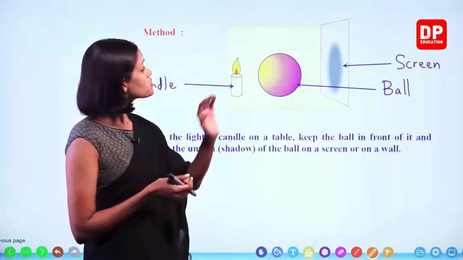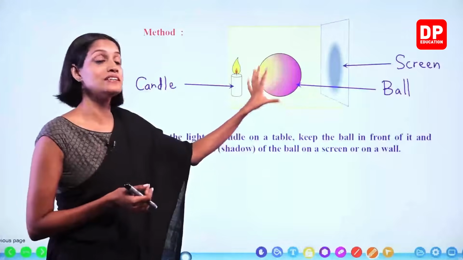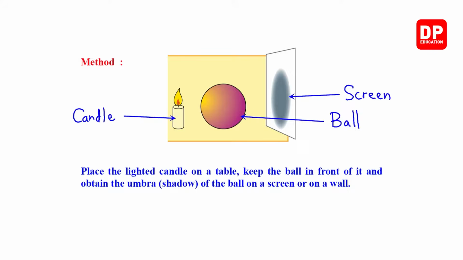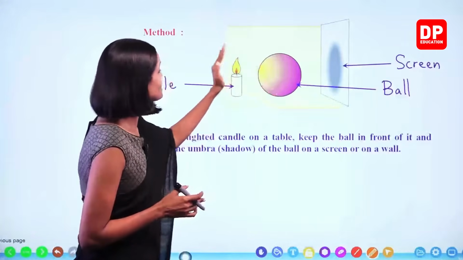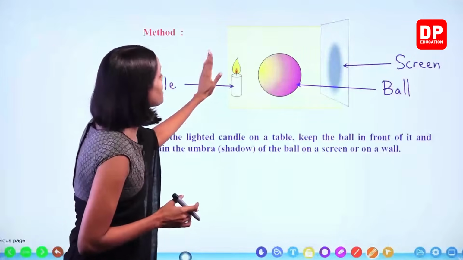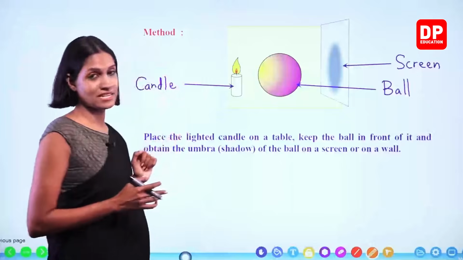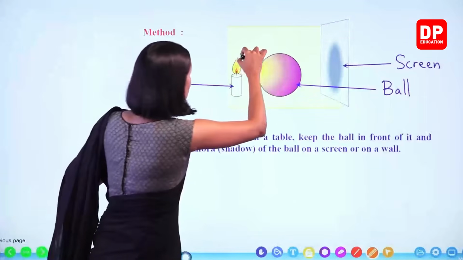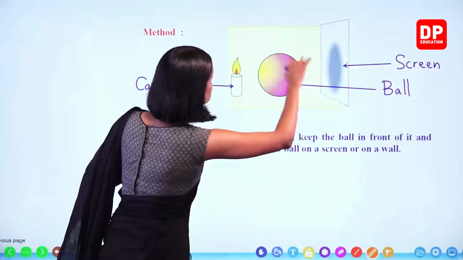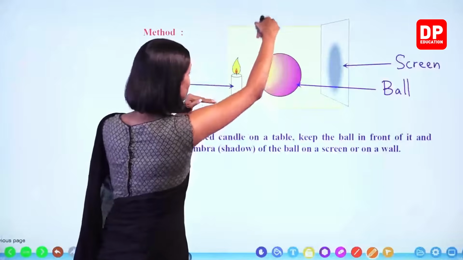Okay, children? So when you consider this small ball, this can be considered as an opaque material. Right, children? So because of this reason, the light rays will not pass through the ball, because the ball is made up of opaque materials. Now light goes only through the edges of this ball, right? Not through the ball from either side.